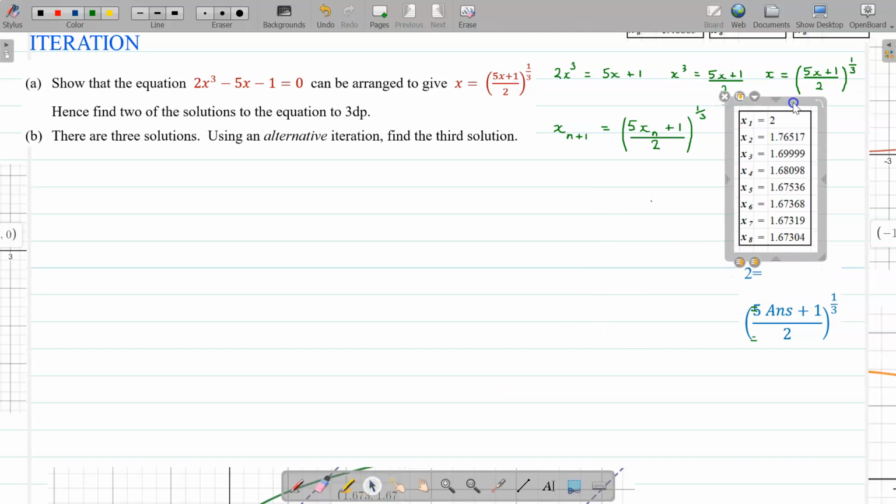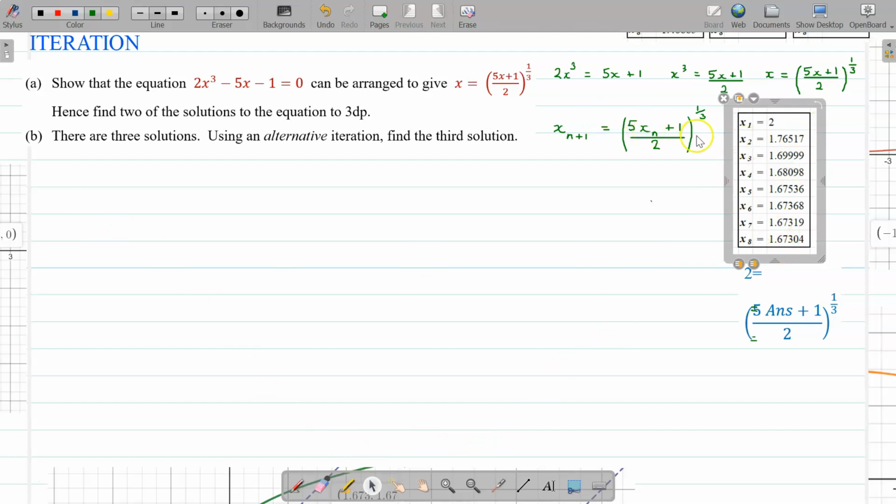And after about the 4th or 5th iteration, it's starting to look like 1.673. And if you carried on pressing equals many times it would indeed give you 1.67 to 2dp, 1.673 to 3dp. So that has been a successful iteration.